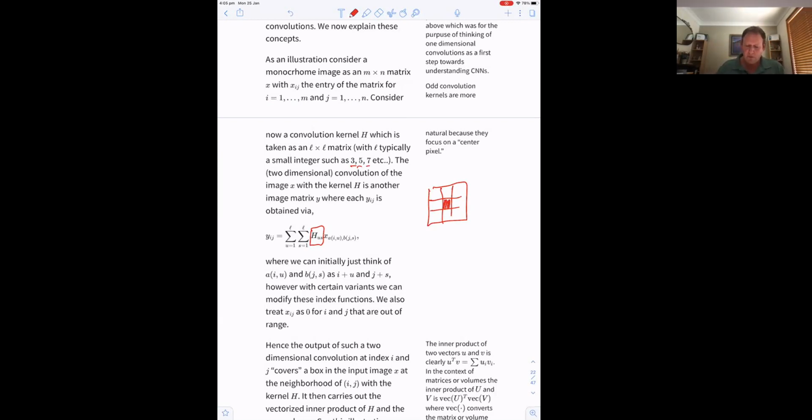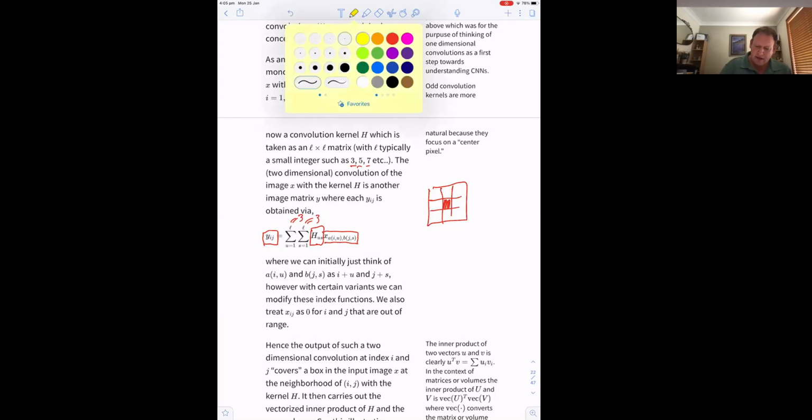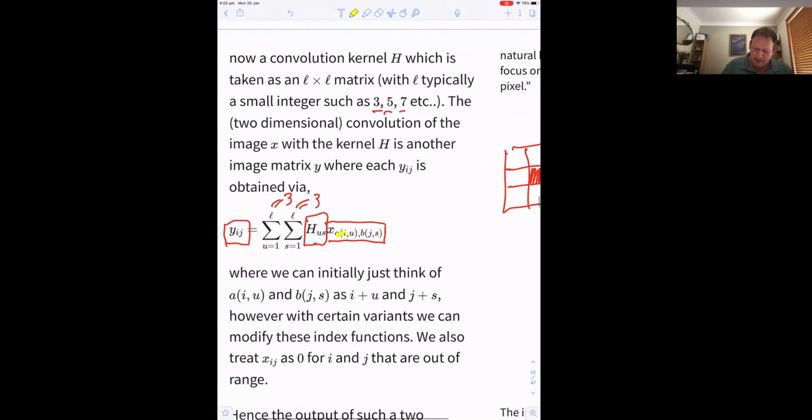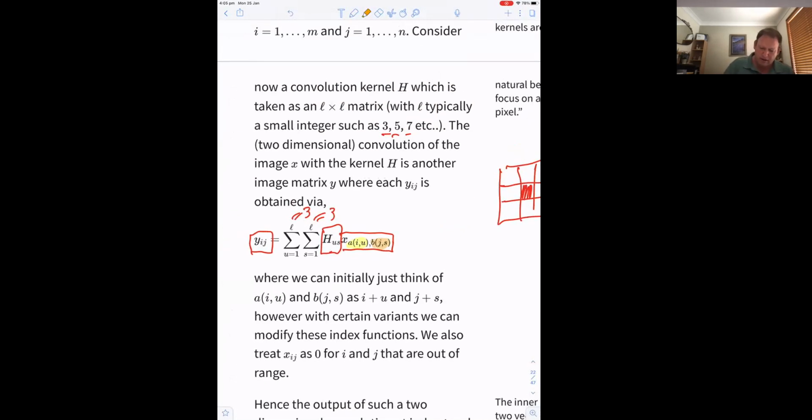For the ijth entry of the output, we run over all of the entries of the filter, from 1 to L, where L is maybe 3 in this case, or 5, not too big, and we take the image at some location. The indices of the image are put quite generally here: the first index is i minus u, and the second index is j minus s. So that index depends on the i and the j of where we are, and on the u and the s.